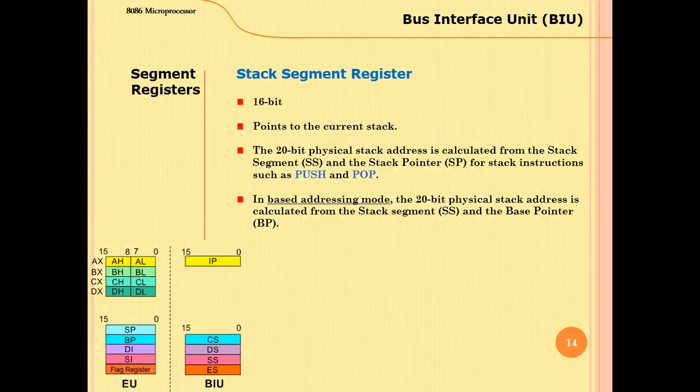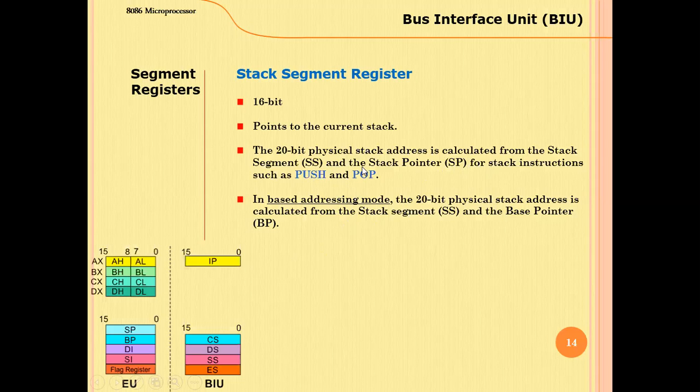And coming to the stack, for stack-related memory, the stack segment register SS is going to have the base address or starting address of the stack segment. For this, the offset will be available in the SP. This SP we generally use for pushing data and popping data in the stack.